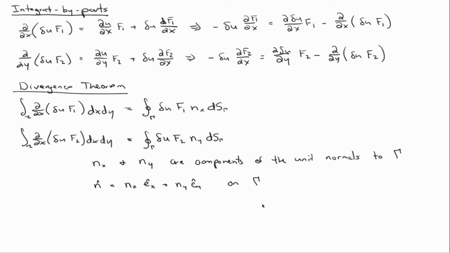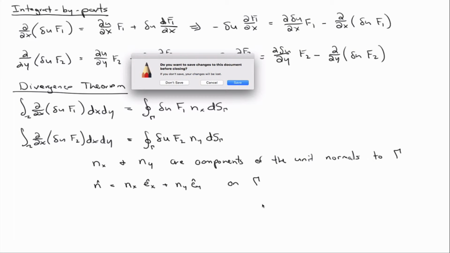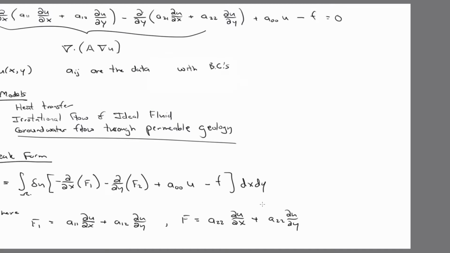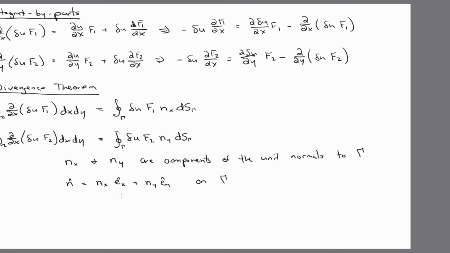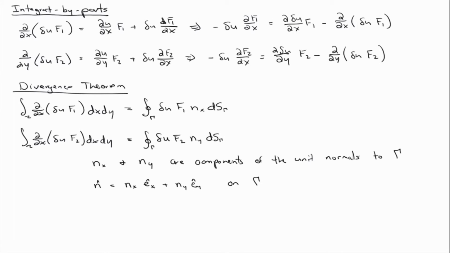And so, if we go back, we're going to use the identities for the partials on these fluxes. We're going to use these first two identities and then use the divergence theorem on these terms and plug everything back into the equation, okay?